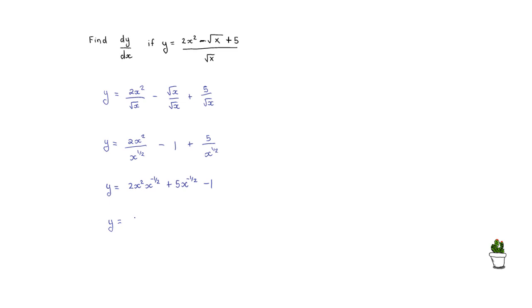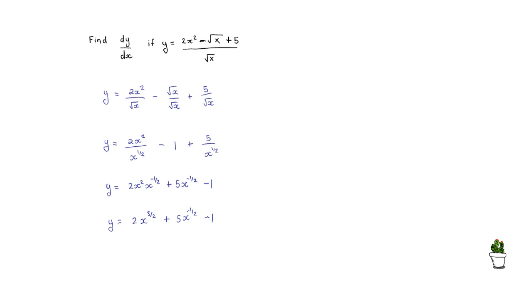So this is 2, the bases are the same, so we need to add the exponents. That's 2 plus negative 1/2, which is the exponent 3 over 2. This is plus 5 times x to the negative 1/2, minus 1. Now we are ready to apply the power rule.